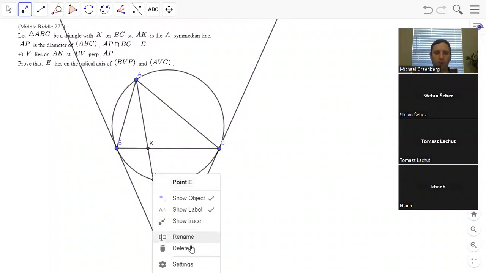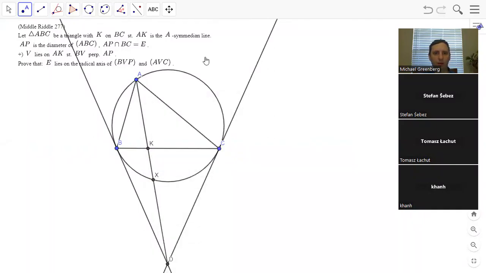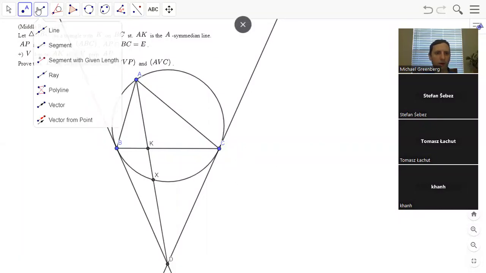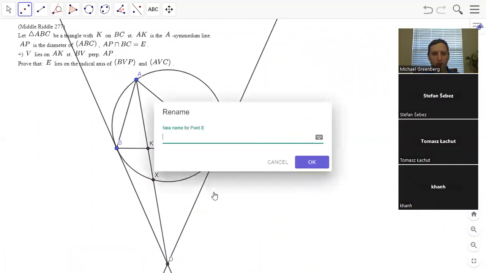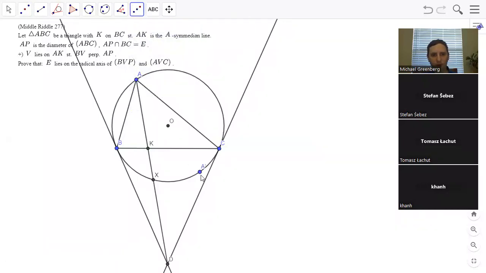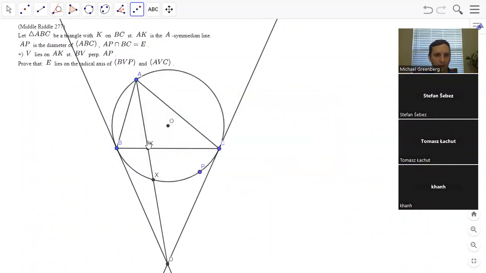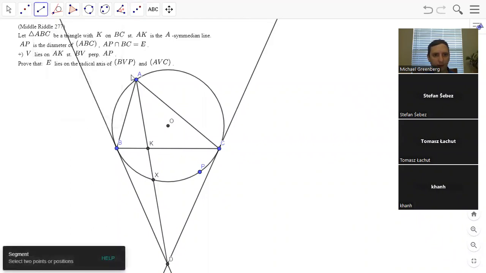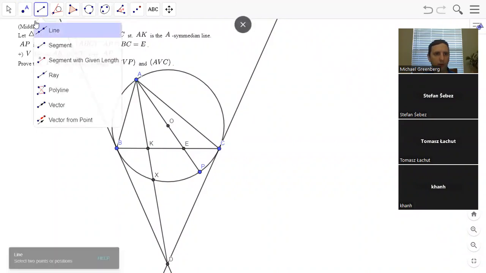Oh, but I'm going to rename it. So just call it X. AP is the diameter. So we can call this O and reflect A over O. That is AP, and AP intersects BC at E. And V lies on AK, so that BV is perpendicular to AP.